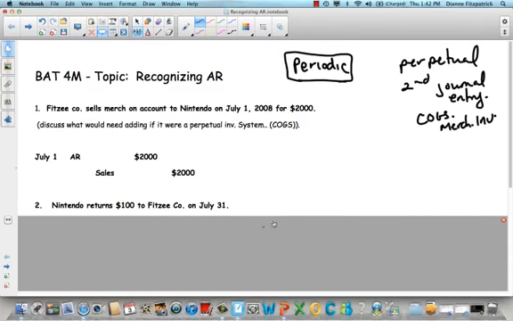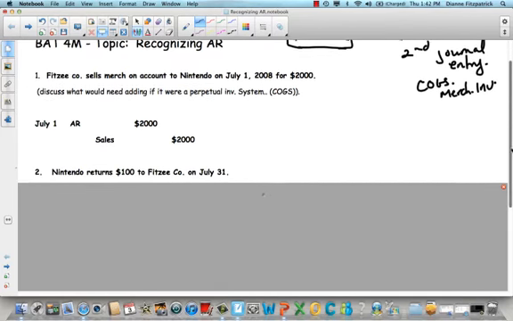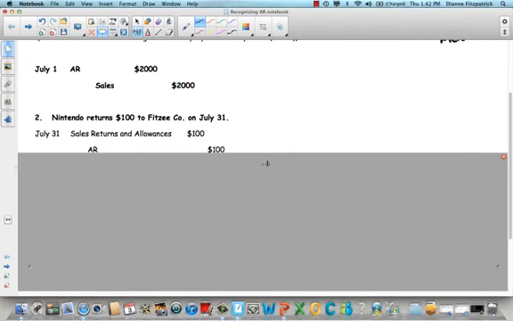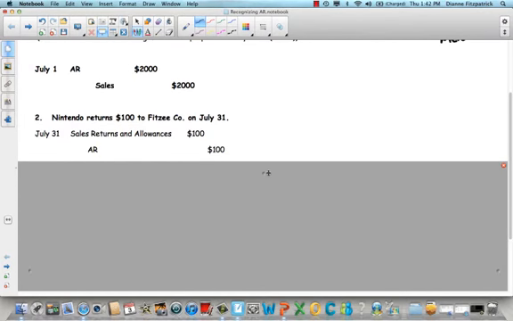Now, Nintendo returns $100 to Fitzy Company on July 31st. So again, we're going to use sales returns and allowances as our debit, and we're going to credit accounts receivable. Now, how much do they owe us? Well, if we had an accounts receivable here, and it used to be $2,000, and then they returned $100, now they owe us $1,900 at this point.